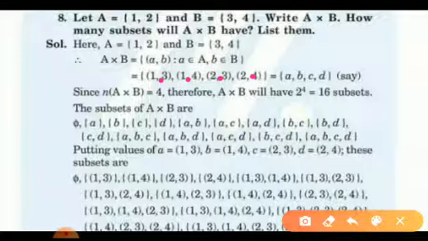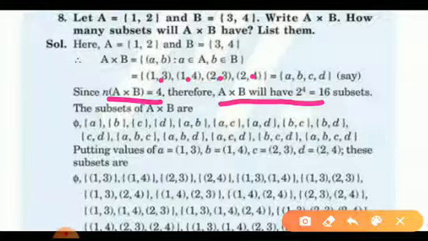The number of elements in A cross B is 4. Therefore, A cross B will have 2 raised to 4 subsets, that is 16 subsets.